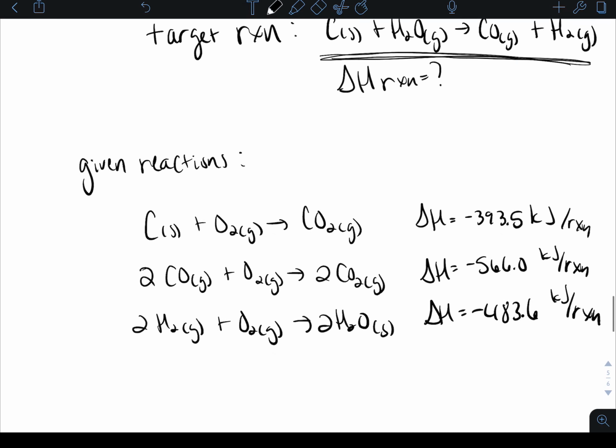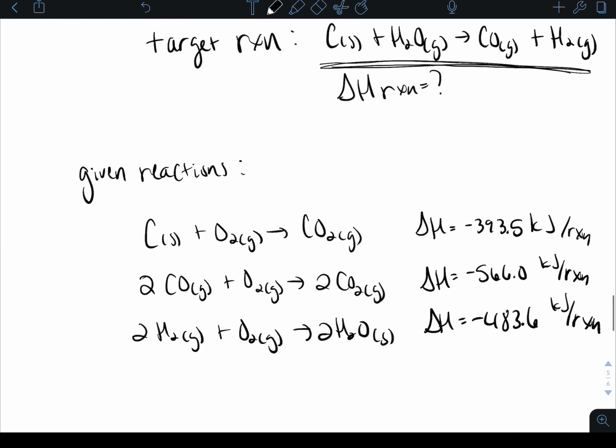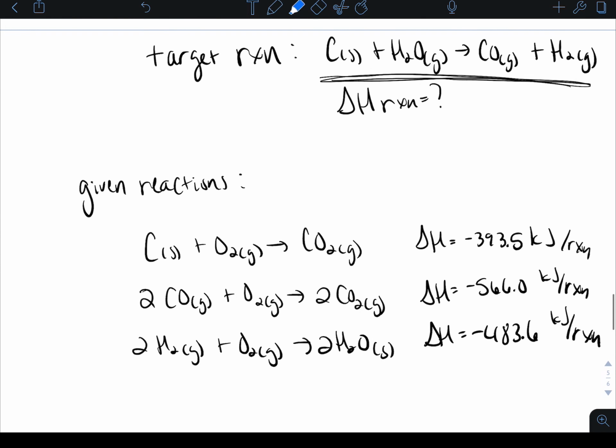Okay, so I like to look when I'm trying to figure out these types, and I like to make sure that I have my products and reactants on the correct side. So this one is a product, this one is a product, and then we have H2O, there's a reactant and reactant, and then right now it's a reactant and a product.